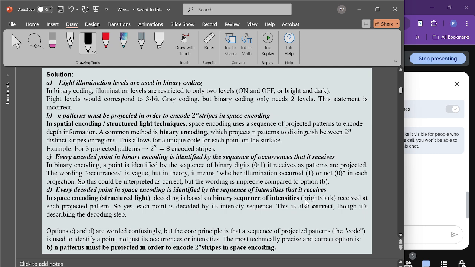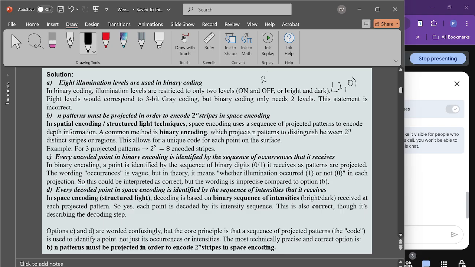In binary coding, illumination labels are restricted to only two labels, either on or off, or we can say bright or dark, or either 1 or 0. 1 is on and 0 is off. So 8 labels would correspond to a 3-bit binary code. For 8 labels, we need at least 3 bits.